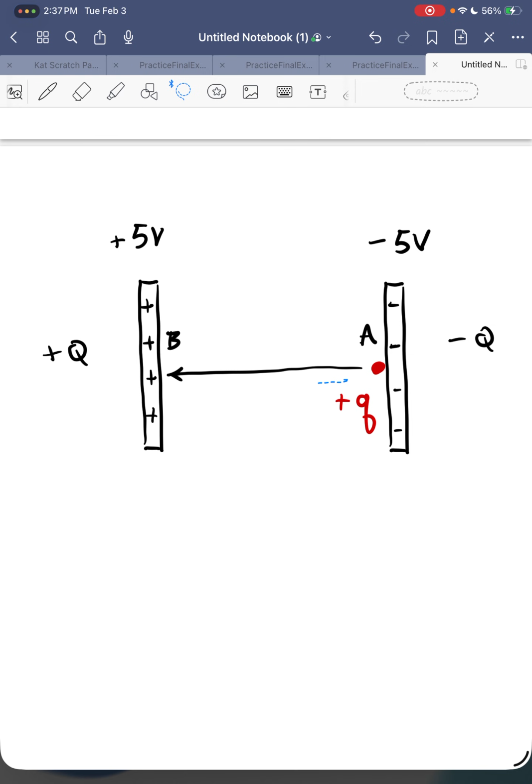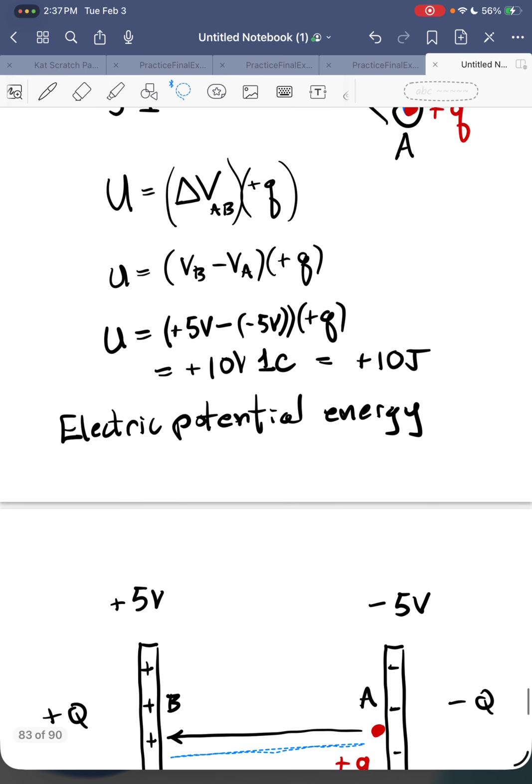Now if I move it all the way over to the positive plate, well, hey, it's a positive charge. It doesn't want to go to the positive plate. In other words, I need to do work to get it there. So pulling it off this negative plate and pushing it onto this positive plate takes a lot of work. That work is represented by the increase in its potential energy. Its increase in electric potential energy is 10 joules.